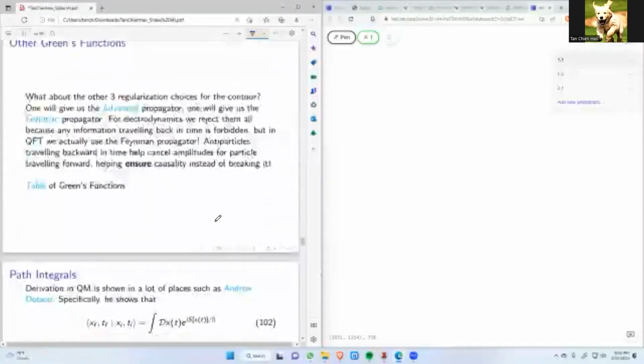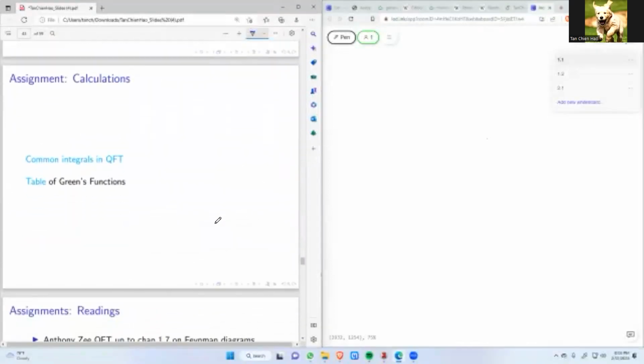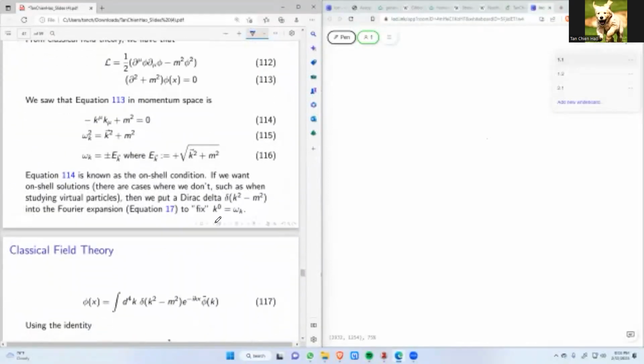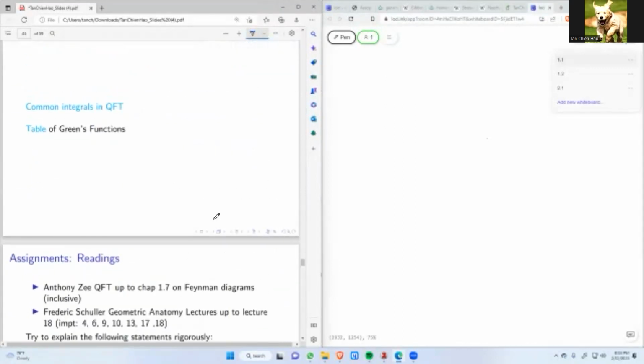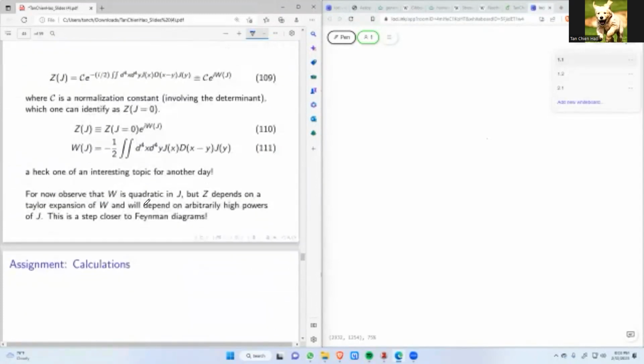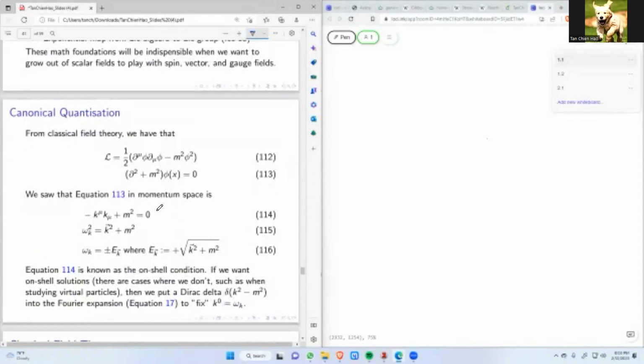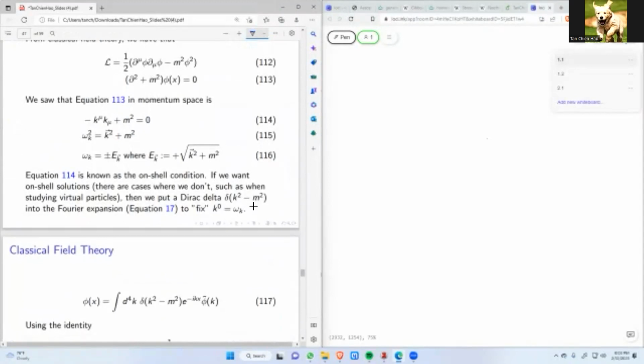So let me find the slides. Sorry, the slides are a bit non-linear. I've also been working on a resource for the Feynman propagators, but I didn't manage to get it out in time. So I'll try to get it out. I want to do a nice table where I can show all the contours.